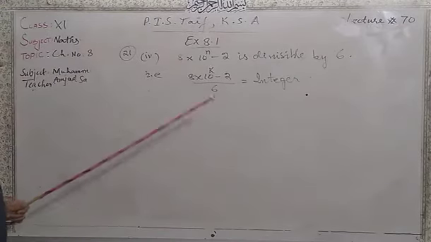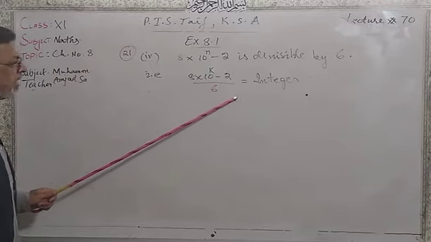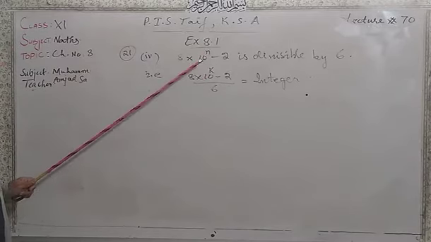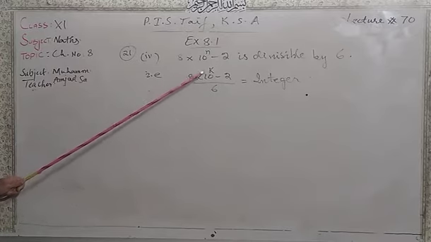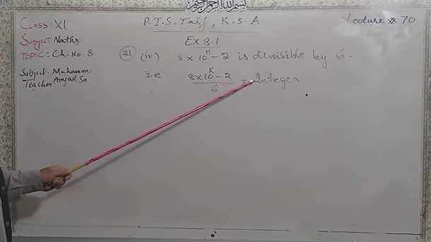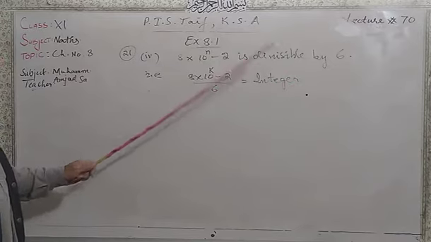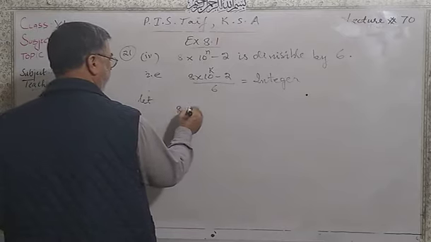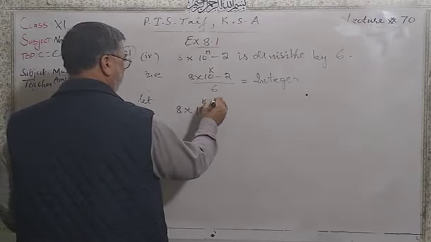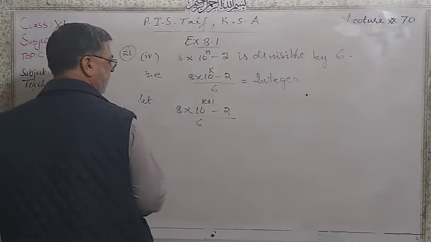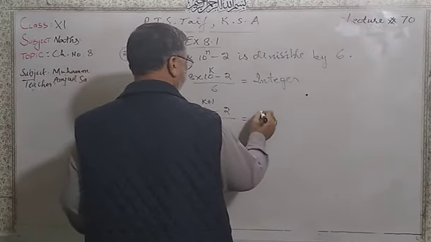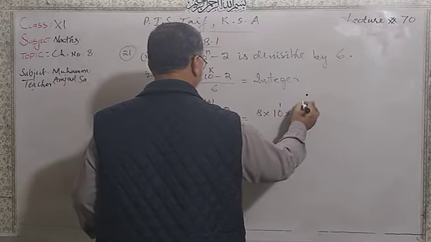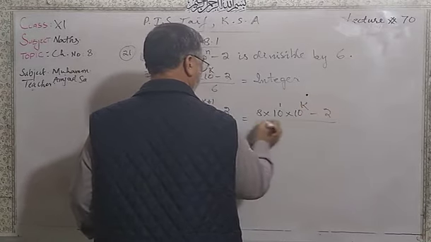Now we will take this expression for k+1 and simplify it, and ultimately we will reach a right hand side that will be an integer. Let (8 into 10^(k+1) - 2)/6. Here you can write 8 into 10^1 into 10^k - 2 over 6.